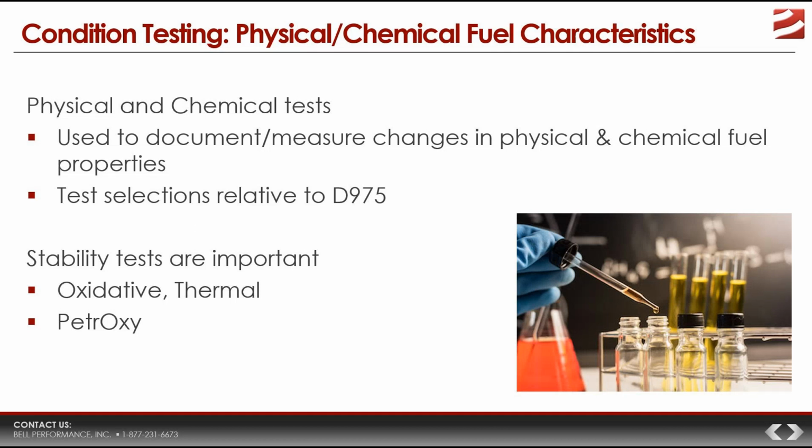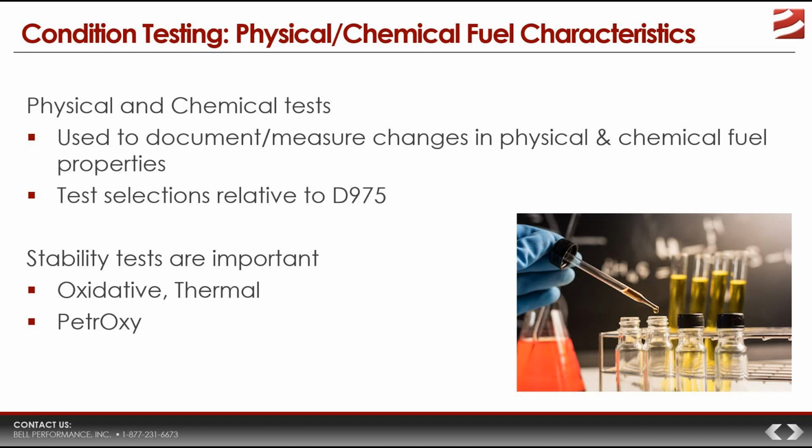Now, there are many, many kinds of tests that you can do, but most people don't do that many kinds of tests. They have limited budgets. They have to pick and choose which tests are most important.